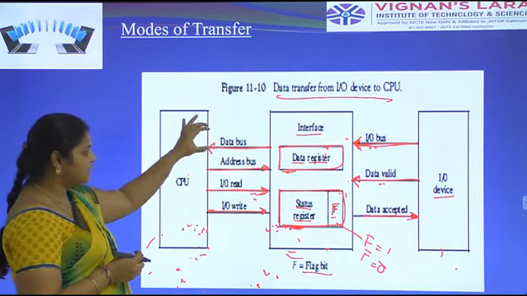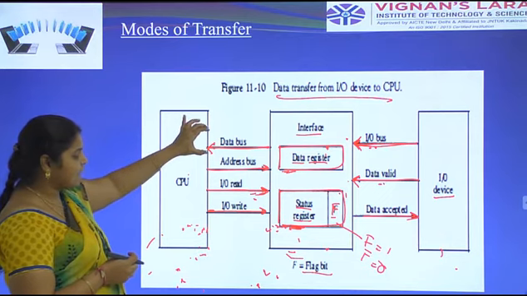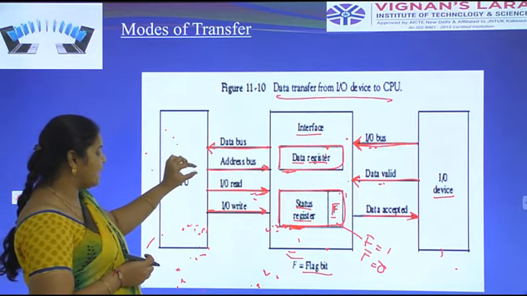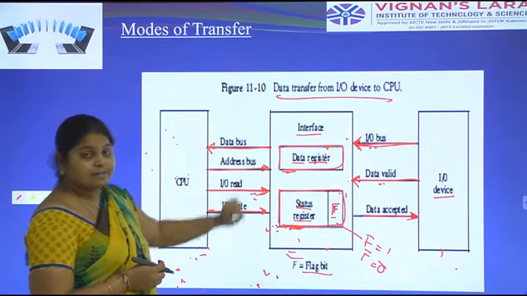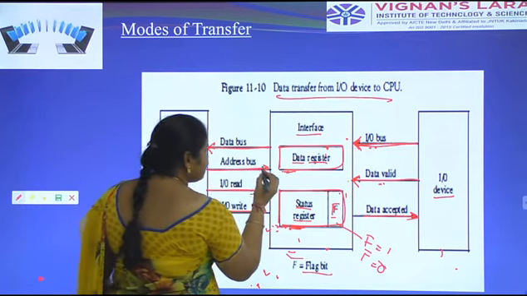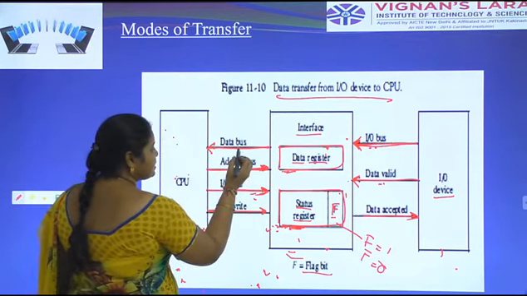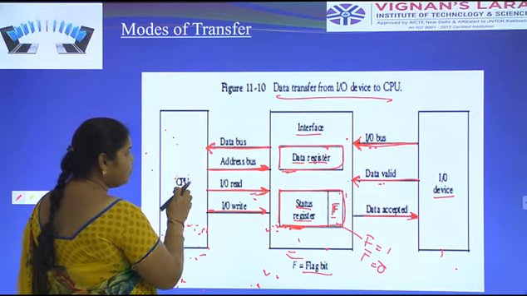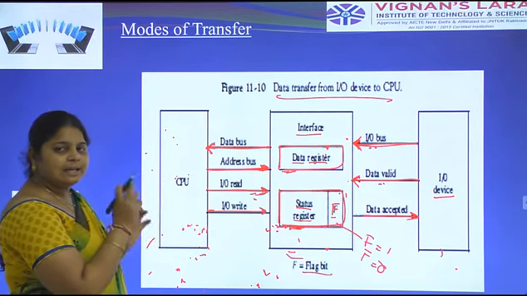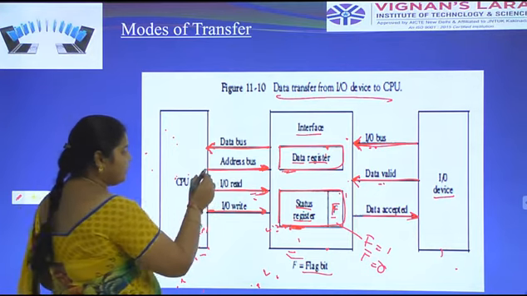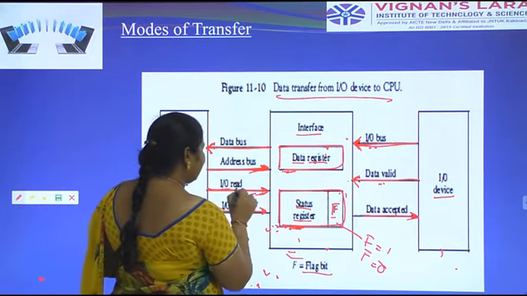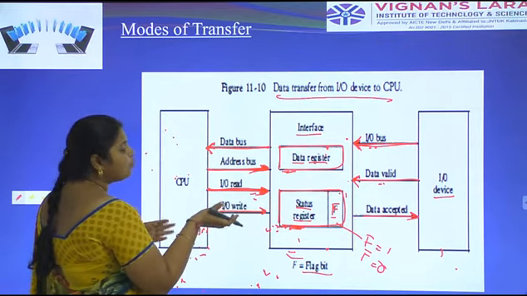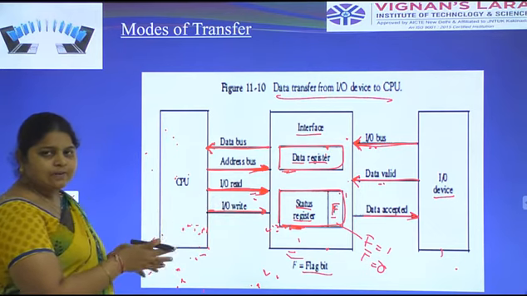The interface transfers some data to the CPU. The CPU identifies the address, and the address is transferred through the address bus to the interface. This is nothing but the address bus. The data coming from the interface to the CPU is located by that address. Here are the IO read and IO write operations: the CPU reads input and output operations from the interface, and the CPU also writes operations to the interface.